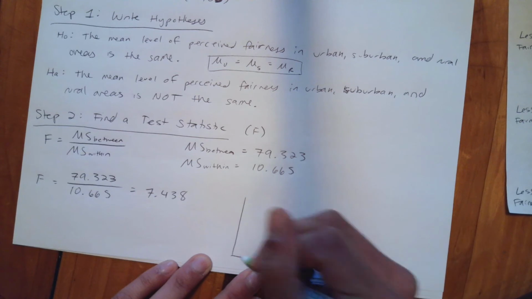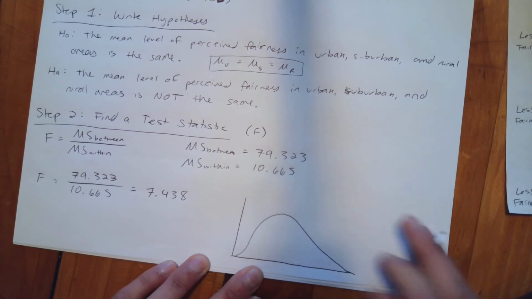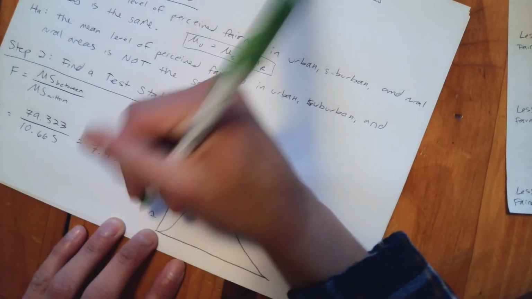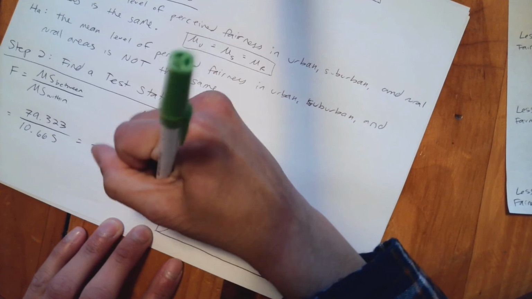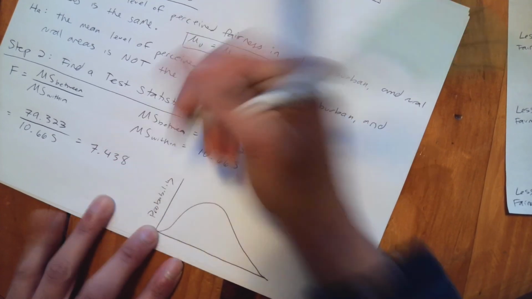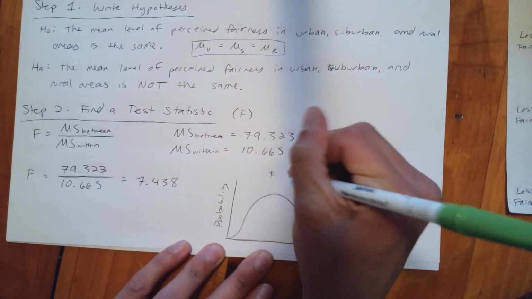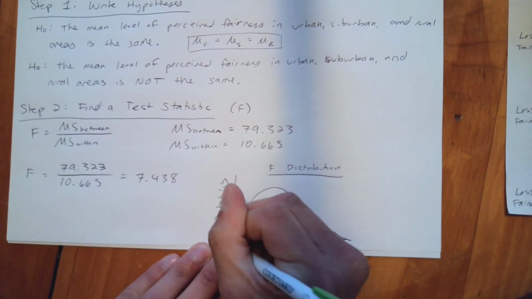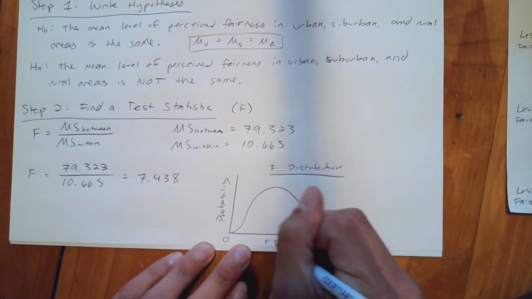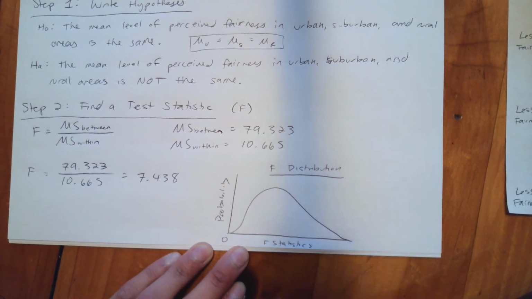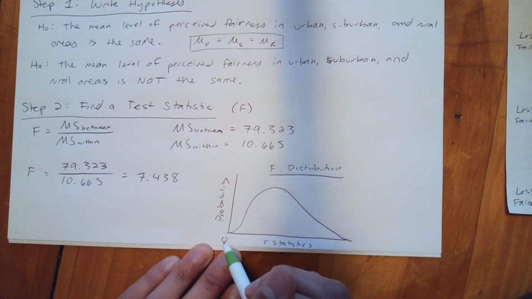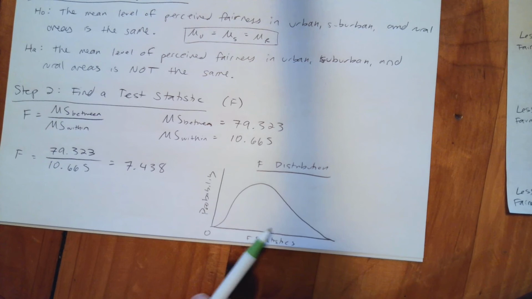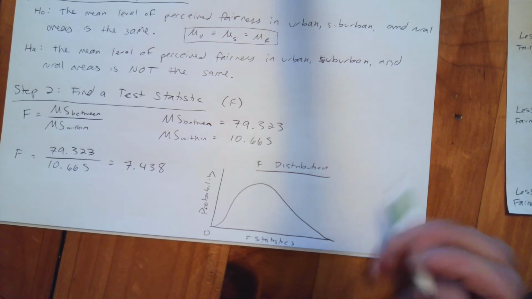Anytime you find a test statistic, you want to be thinking in terms of plotting it on a sampling distribution. Here, if you remember, we're looking at an F distribution, where along the x-axis we have possible F statistics, starting with 0 as our lowest possible one, and then going out into higher and higher ones.